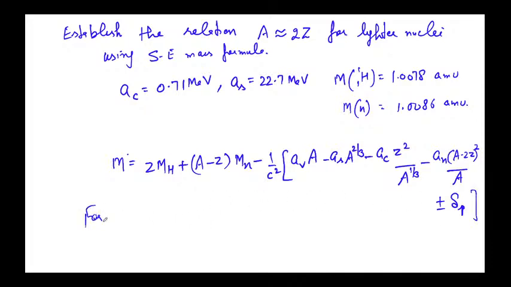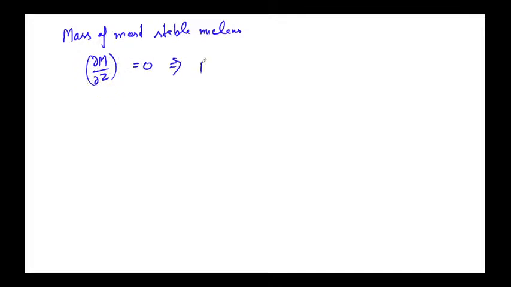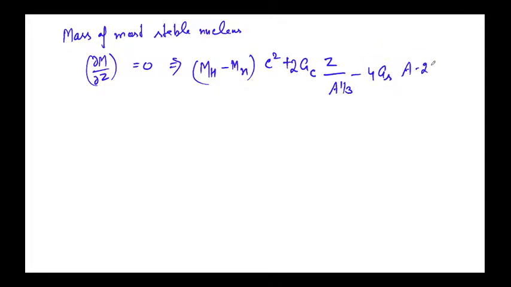For odd nuclei this pairing energy term is equal to 0, and for the mass of the most stable nucleus, or you can say the most stable isobar, if we do dM by dZ equal to 0, then this equation becomes (mH minus mn) c square plus 2 times the Coulomb energy term minus 4 times the asymmetry term. So this comes out to be 0.